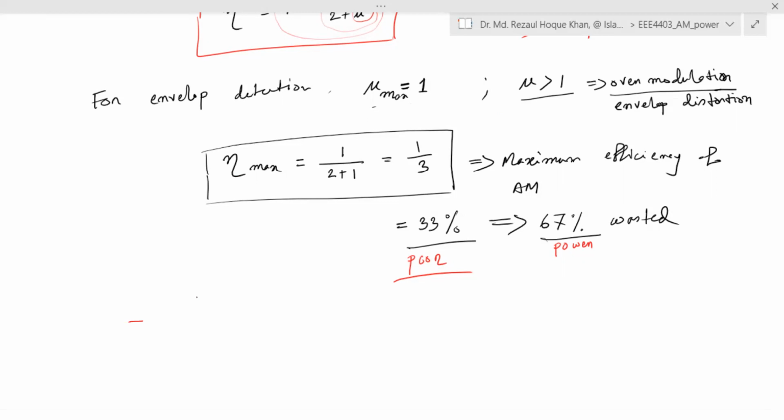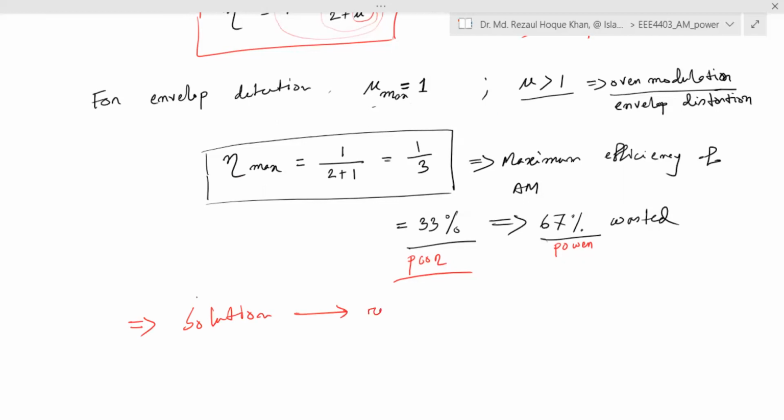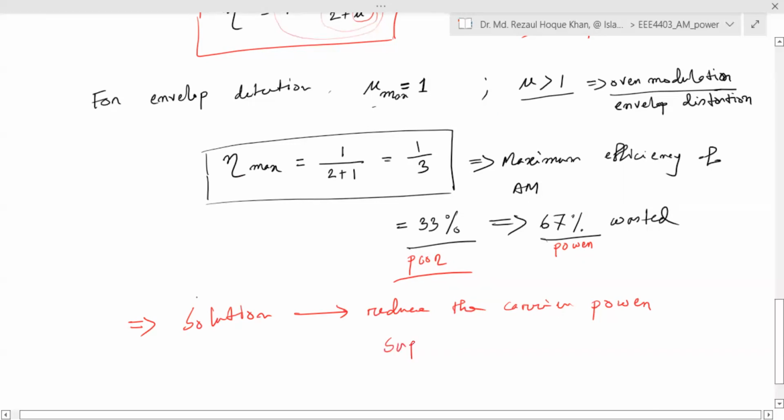So how can we increase the efficiency? What is the solution? The solution is to reduce the carrier power, or suppress the carrier.